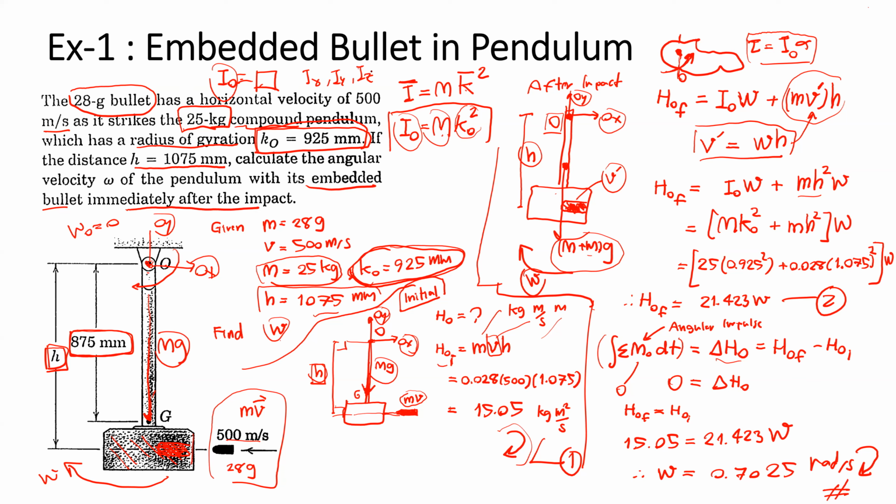But as a user, you can compute the moment of inertia from just the mass multiplied by the radius of gyration squared.